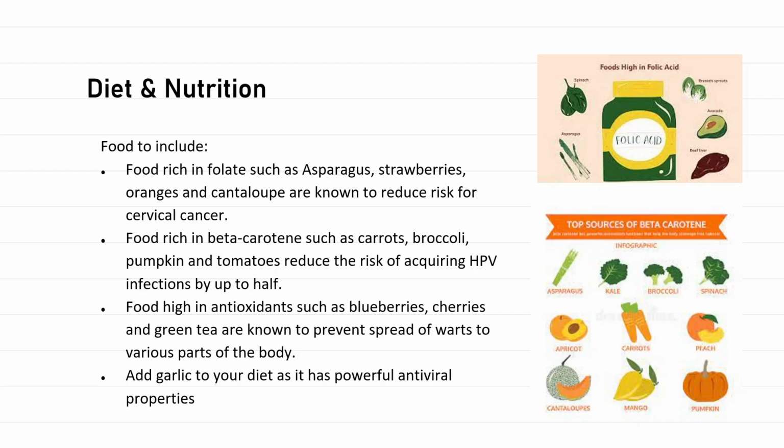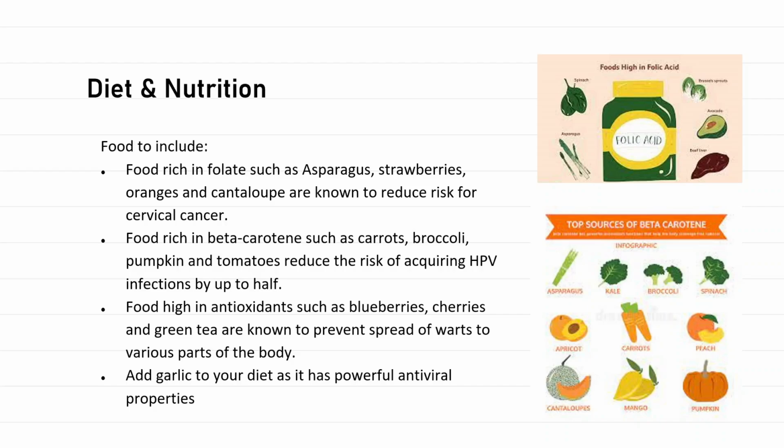This will help you reduce the risk of acquiring this virus, human papilloma virus, and this can reduce it to 50%. Then there are foods high in antioxidants like blueberries, cherries, green teas.